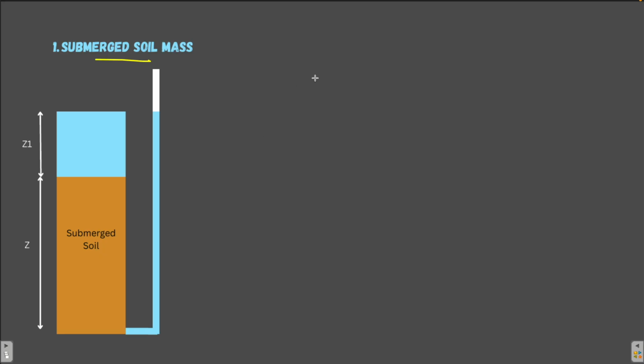Submerged soil mass is also fully saturated, but all saturated soil is not fully submerged. So submerged soil is fully saturated, but saturated soil is not necessarily submerged.